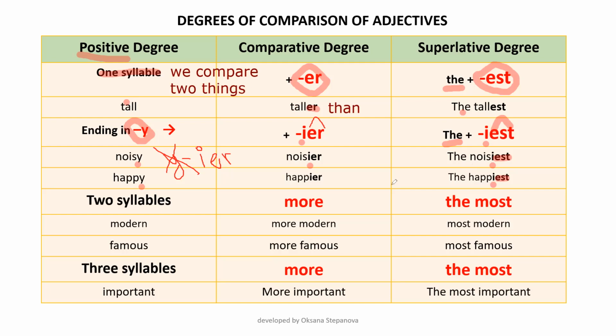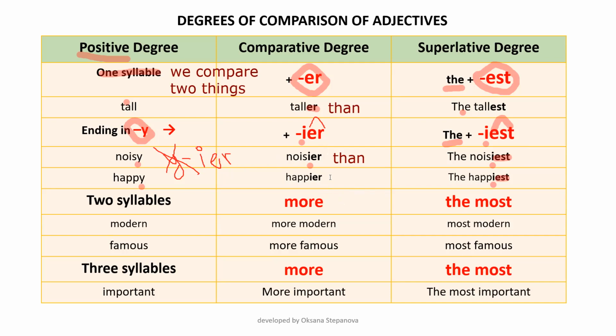And again, when we have the comparative degree, don't forget to compare and use than. So we say, he is noisier than that boy. She is happier than that girl. Or you can just say, my love is happier here.